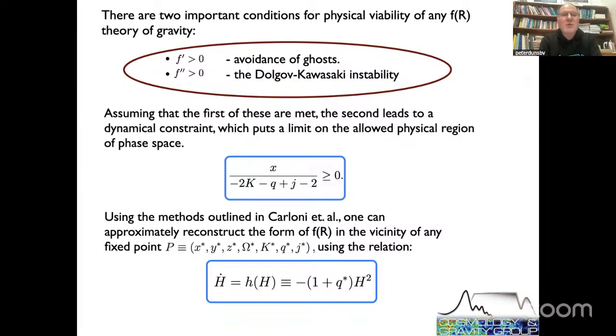So when you calculate what f prime and f double prime is, you can construct using your dynamical variables and your cosmographic parameters a constraint on the allowed physical region of your phase space. And that's also a very nice property of this approach, because then you can identify orbits in your phase space which satisfy these constraints. So you can determine what the allowed orbits are that give rise to a cosmology which avoids these instabilities.